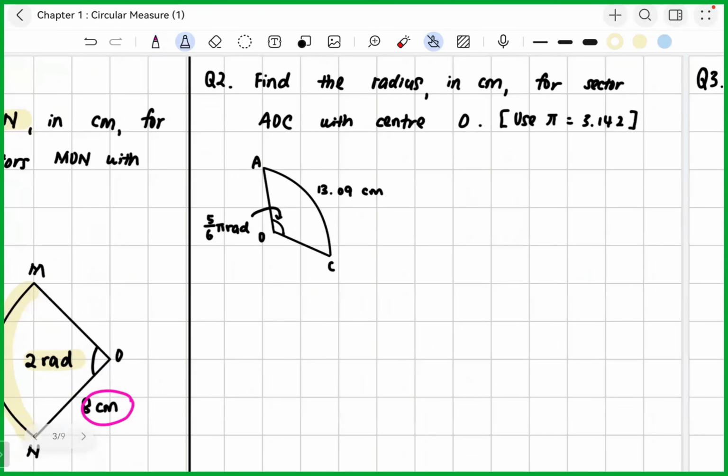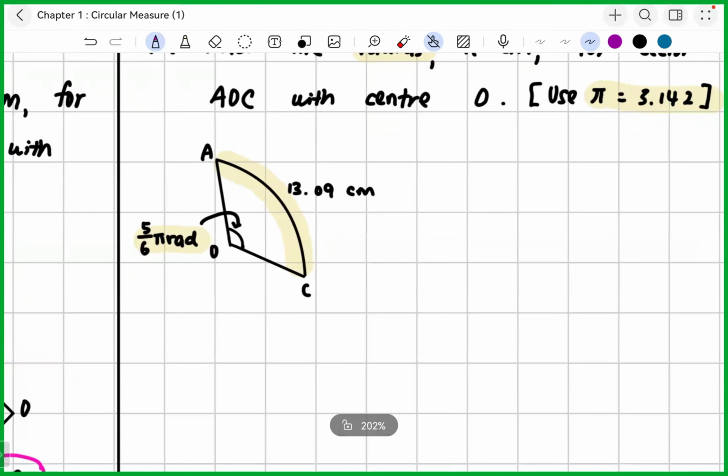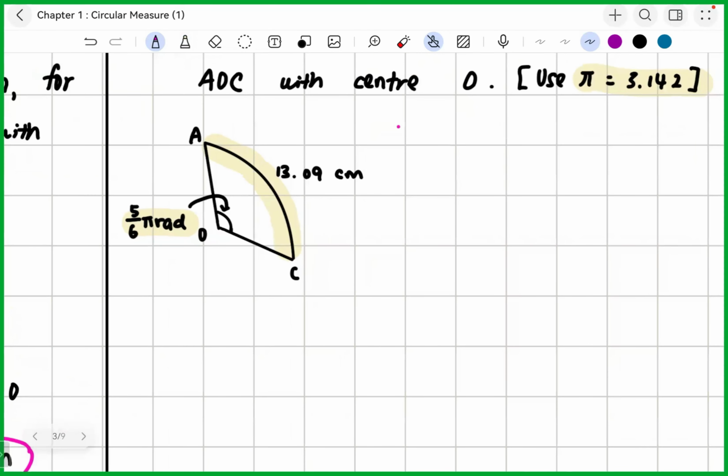Find the radius in cm for sector AOC with center O. This question also mentions to use pi equals 3.142. We need to find the radius. They provide us the arc length of the sector and also the angle subtended at the center. So we have to write the information first. The theta provided is 5/6 pi.